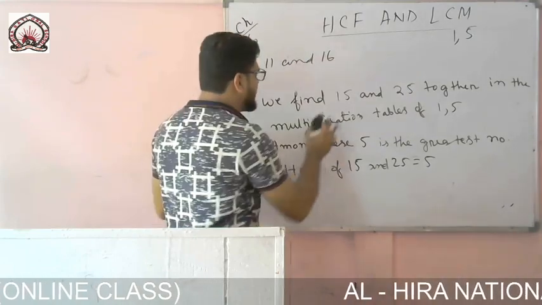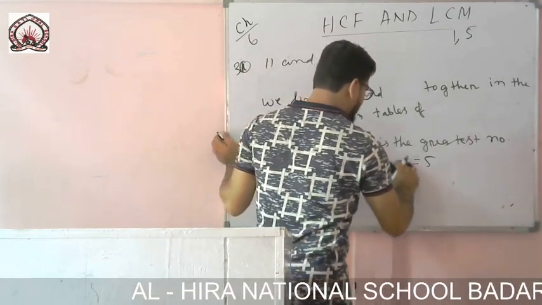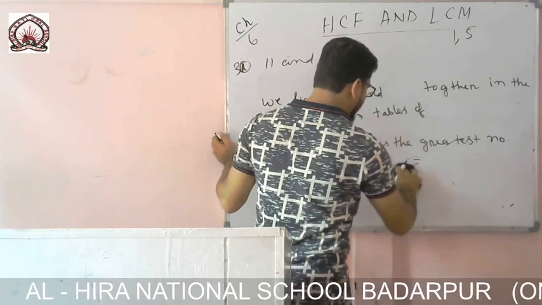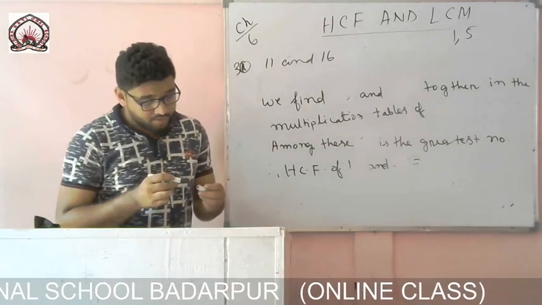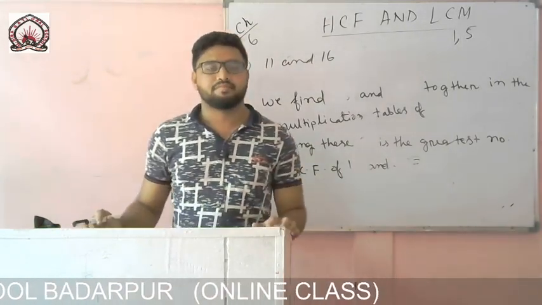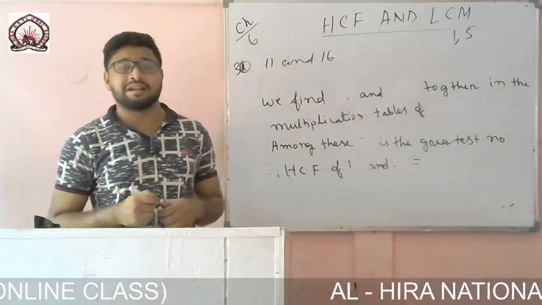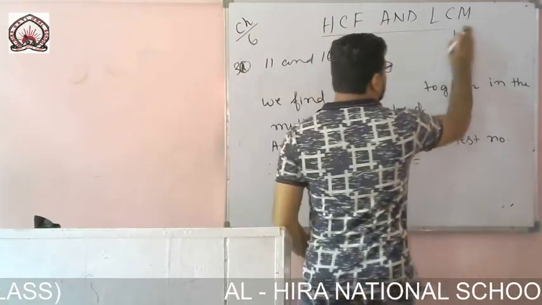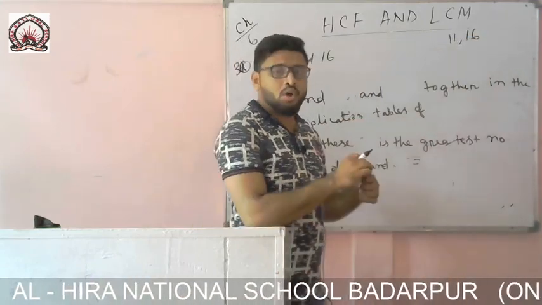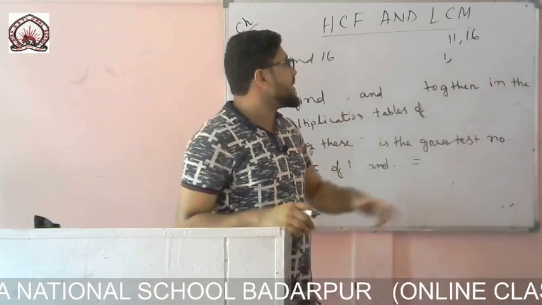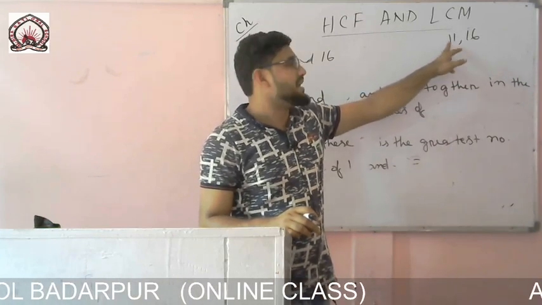Let me erase this one first. From 11 and 16, only in the table of 1 we shall get both, because by 2 I shall not get 11, by 3 I shall not get 11, by 4 and by 5 I shall not get 11.